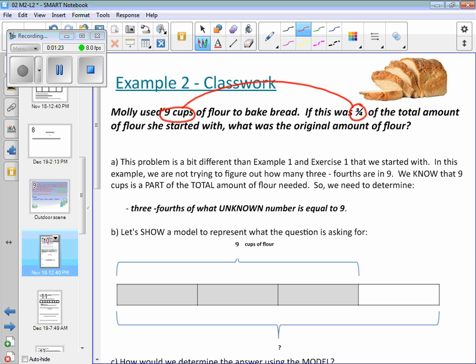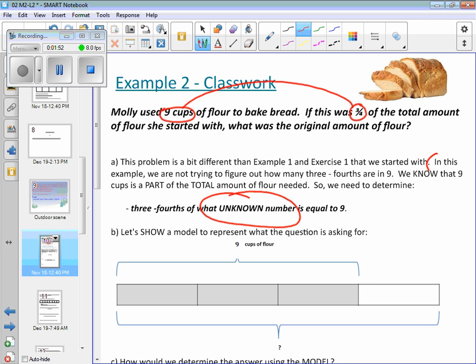In this example, I'm just going to read from here. In this example, we are not trying to figure out how many 3/4 are in 9. We know that 9 cups is a part of the total amount of the flour needed. So what we're really trying to determine is 3/4 of what unknown number is equal to 9.